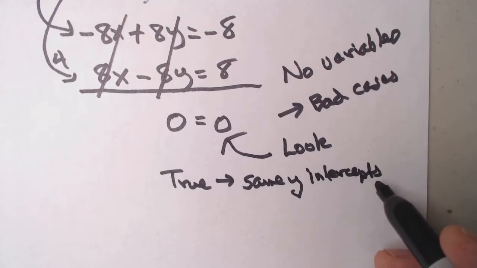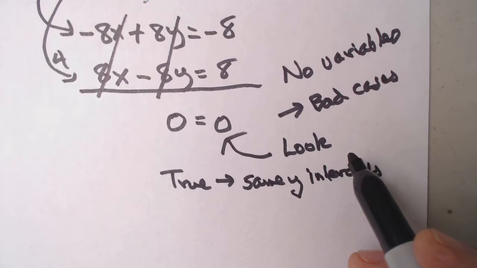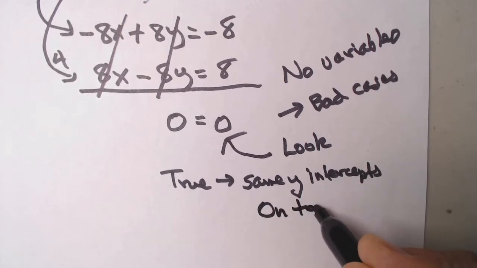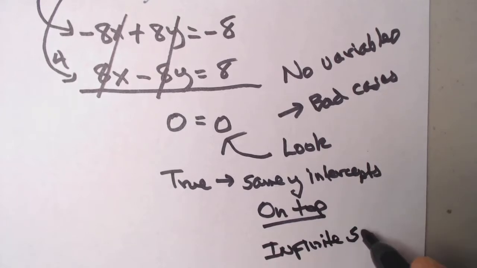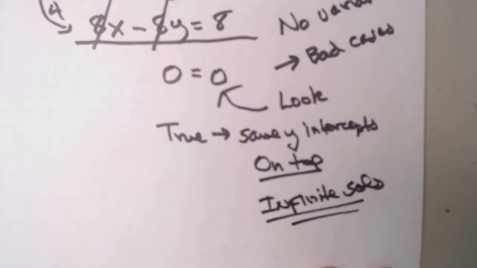So you have the same y-intercepts, and so the bad case with the same y-intercepts is the on top of case. Okay, and officially here you have infinite solutions. Okay, so that's what you'd put down for the answer on that.